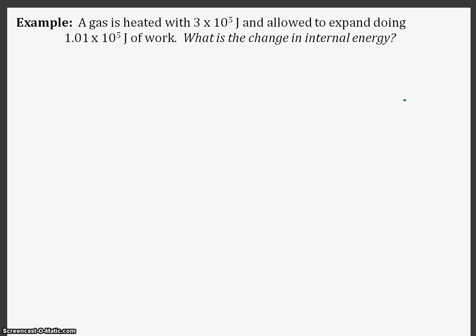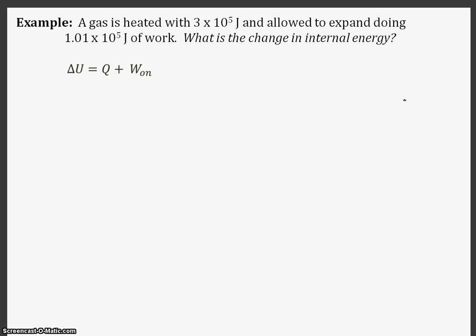Okay, so this is a really, really simple process. Basically, you've got a gas, you're pumping 300,000 joules of energy into it, but it's also expanding, and by expanding, it is losing energy. It's doing work, and so it's losing some of that energy that you've pumped in. It's losing about 101,000 joules of that energy. So it's very simple here. You just write down the first law of thermodynamics.